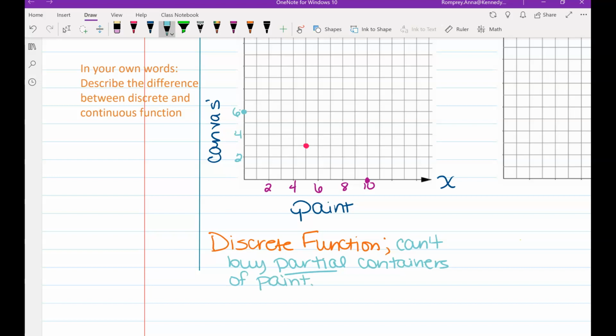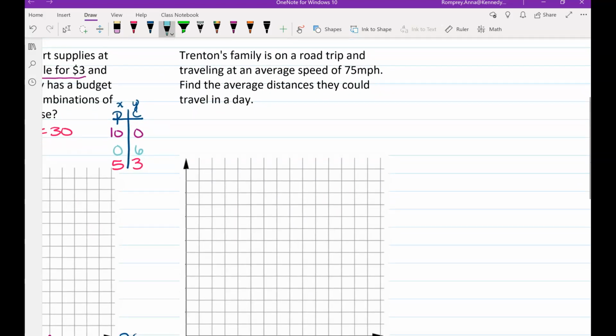I'm saying containers because I don't know if this is cans or tubes or spray, who knows. So that's what makes something a discrete function. If you can't buy a partial, can't have a partial. So let's look at this next example.